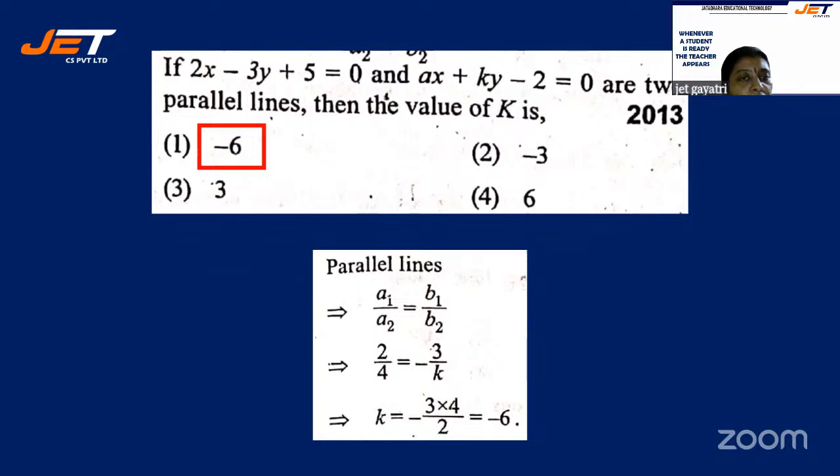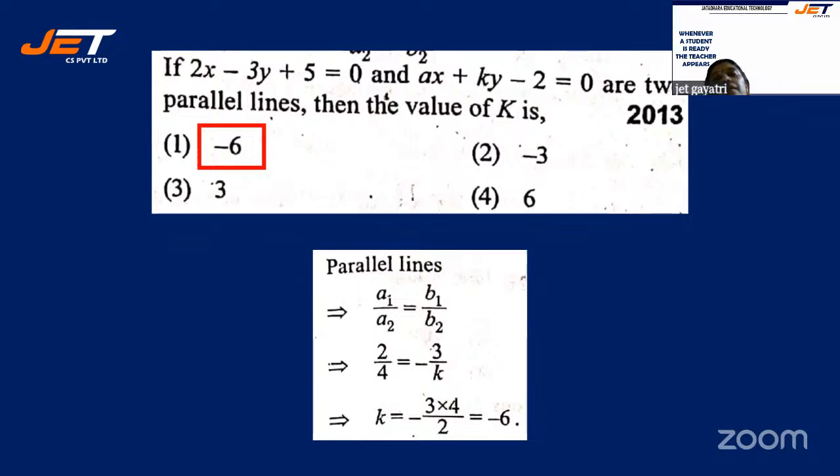It is nothing but minus 3, by what is b2? It is k. All right. So there's a mistake in this question, students. It should be 4x plus ky, not ax. The 4 has been written by mistake as a. So 2 by 4 will be equal to minus 3 by k. When you cross multiply, we get the value of k as minus 6.